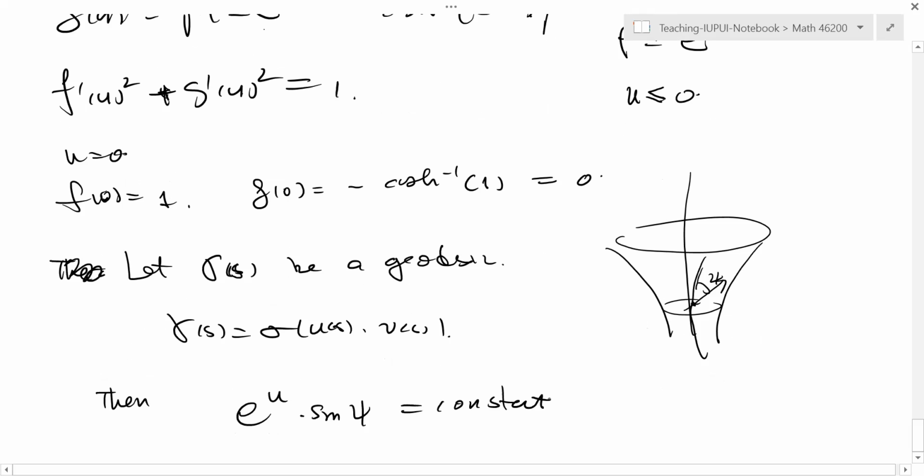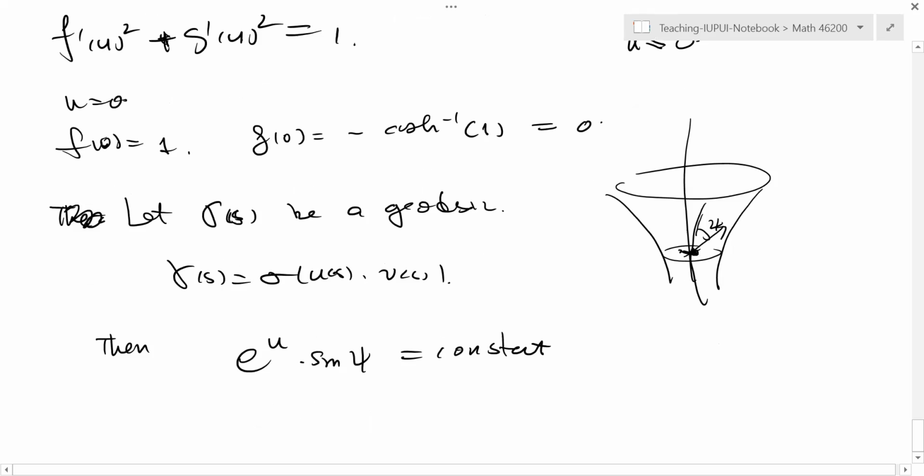But it's still harder to understand. You know the angle phi, and you know the radius at that particular point. The radius is rho, and u goes to negative infinity.